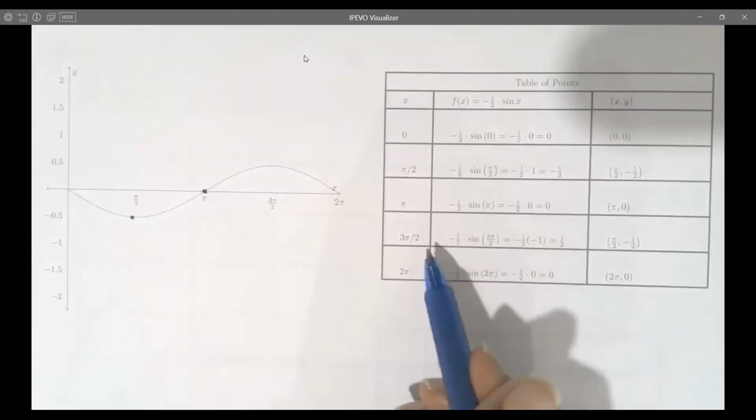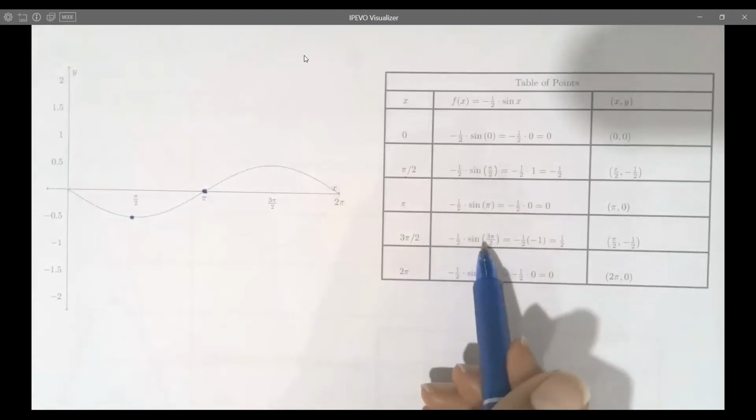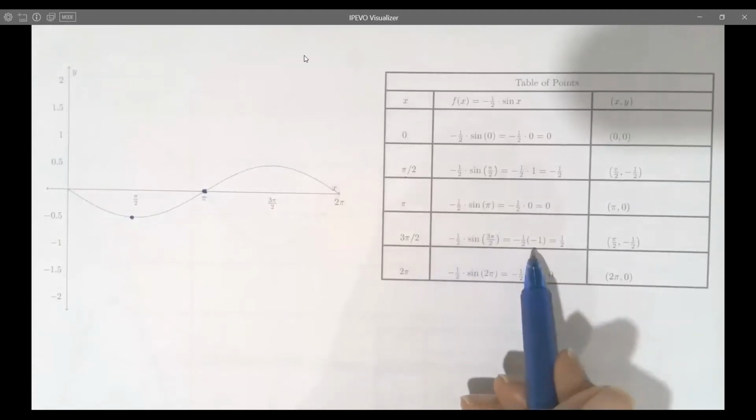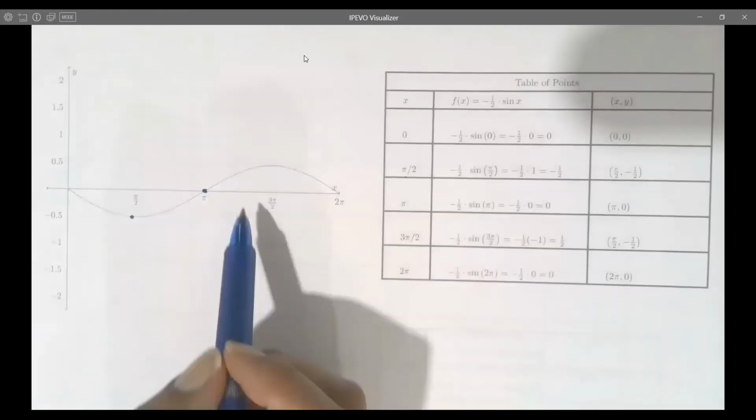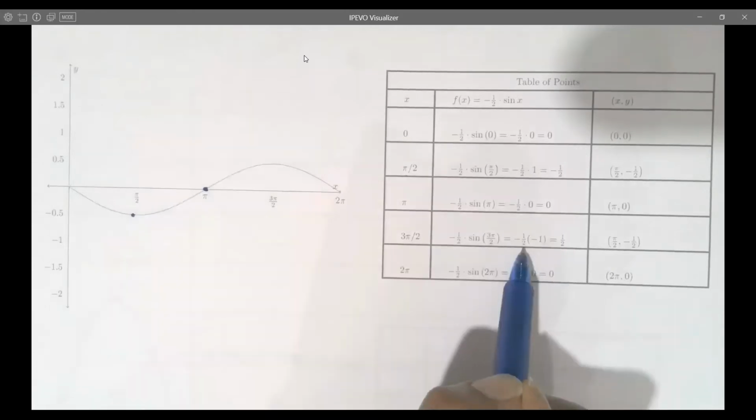And then at 3 pi over 2, we have negative 1/2 times sine of 3 pi over 2. And sine of 3 pi over 2 is negative 1 normally. So this is 3 pi over 2. This fainter graph is the original one. Normally it goes down to negative 1 at that point. But because of the negative 1/2 in front of it, we multiply it together.